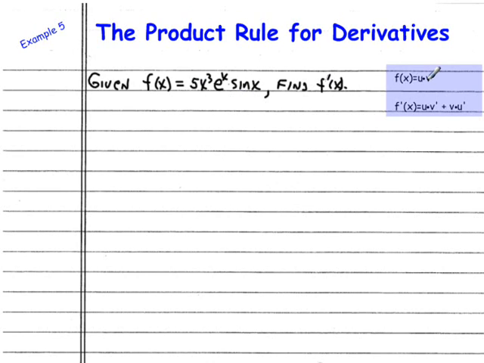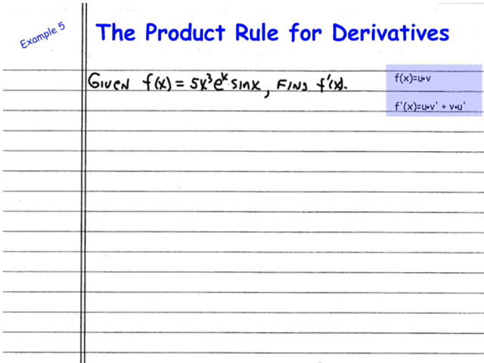And so this presents a little bit of a dilemma for us. We don't really have a product rule that tells us what to do with the product of more than two things. So how do we approach a problem like this? What can we possibly do? It seems like we don't have a tool at all.